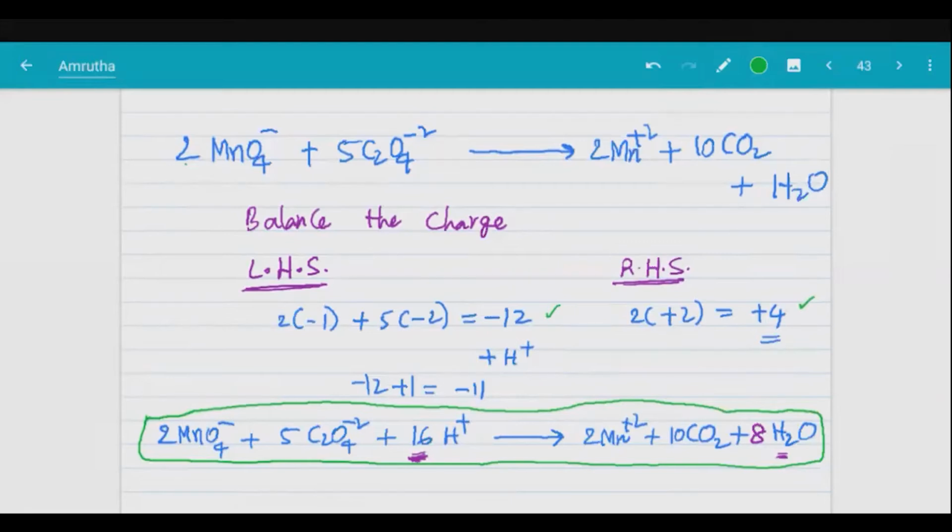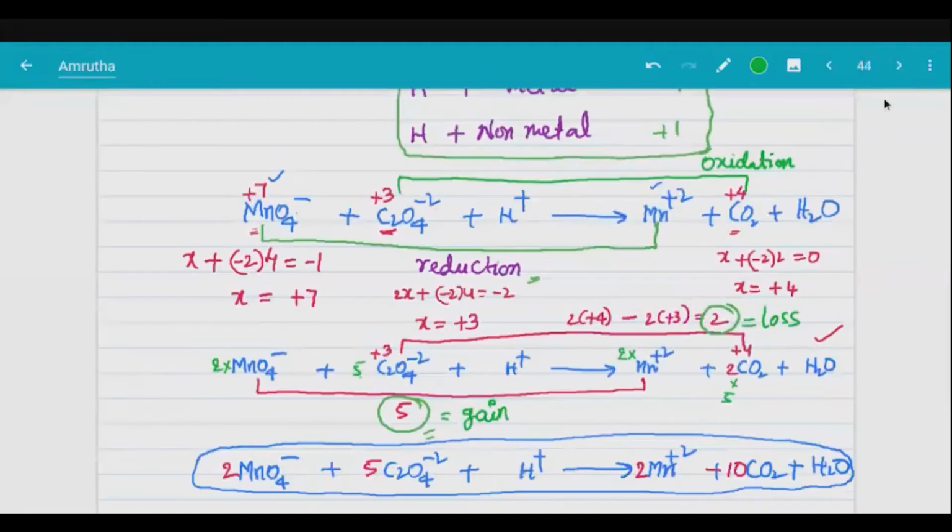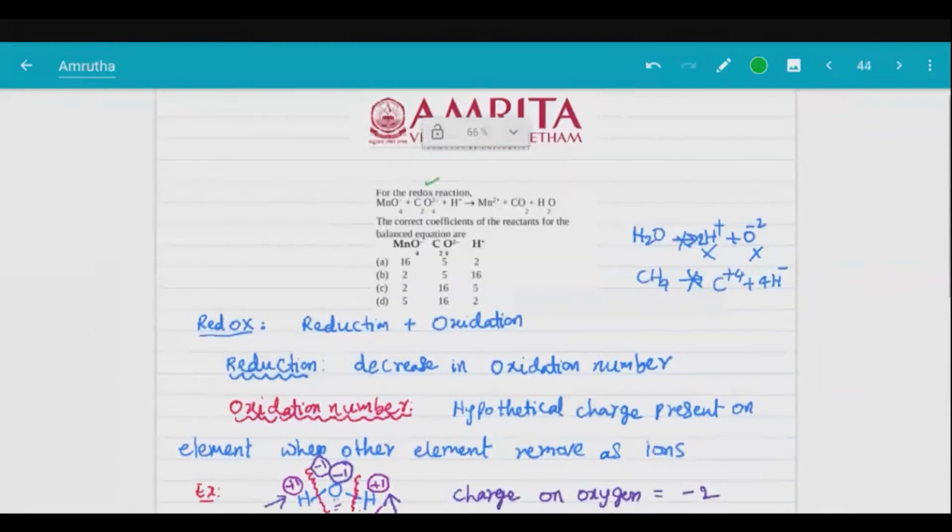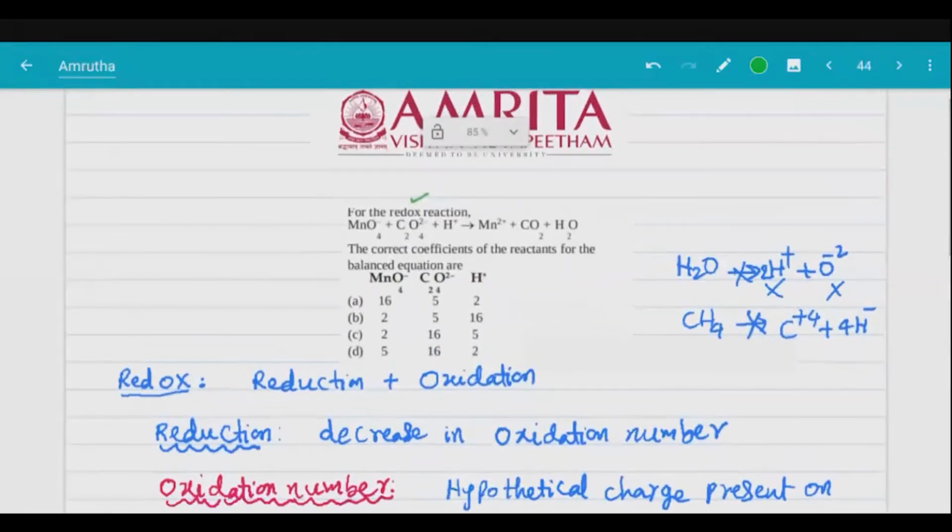Okay. Done balancing. Everybody understood, I hope? Yes. Okay, so we got the answer. What is the answer? They're just asking for coefficients. What is the correct option?